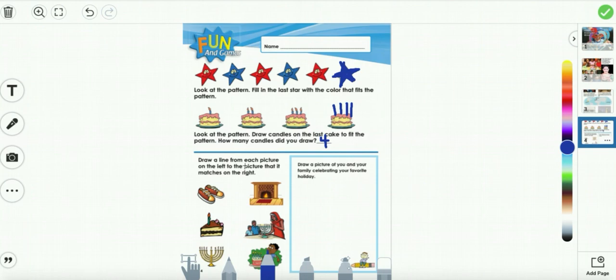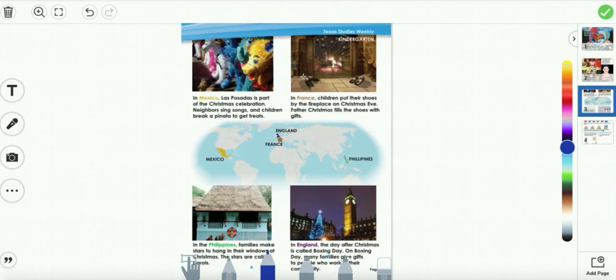Draw a line from each picture on the left to the picture that it matches on the right. So we have shoes. We know that from the story that we read earlier, it told us about the children in France, how they put their shoes by the fireplace on Christmas Eve so that Father Christmas fills the shoes with gifts.